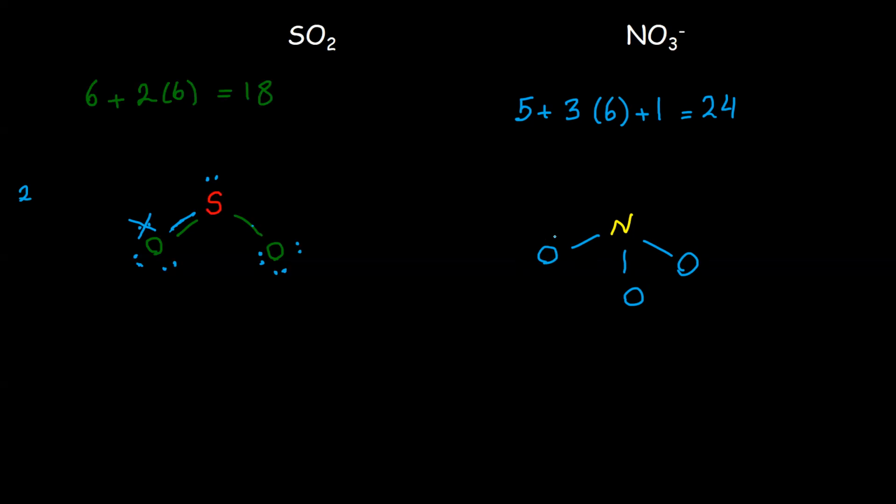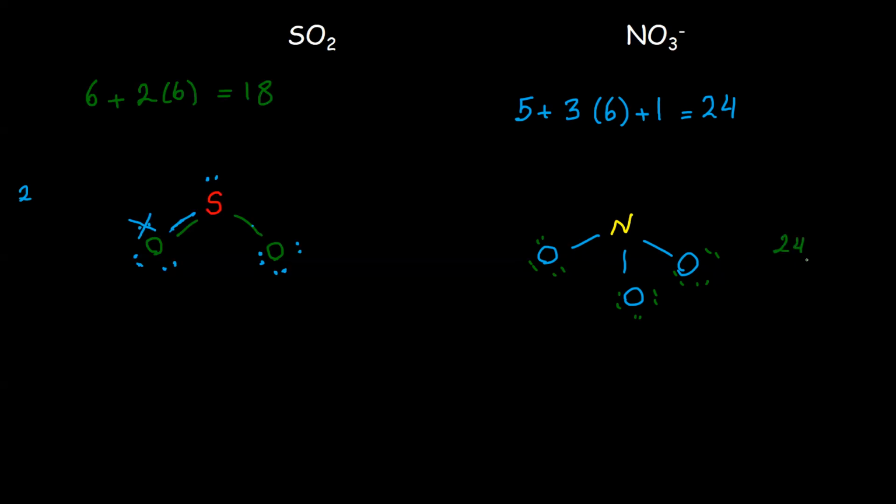So I start filling oxygen. It has 2 here. It needs 6 more. 2 here, 6 more, and 6 more. Okay. Let's see how many electrons we have used and how many left over we have. 8, 8, 8. We use 24 electrons.